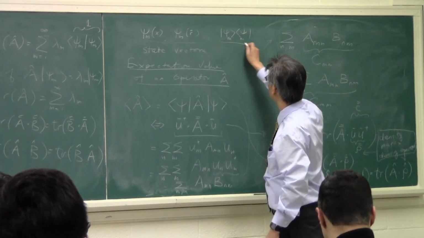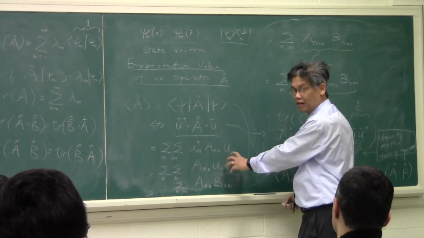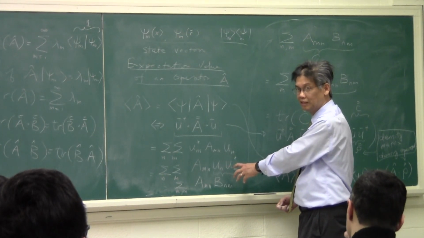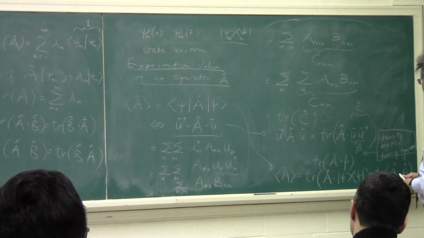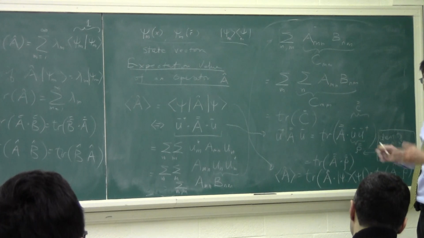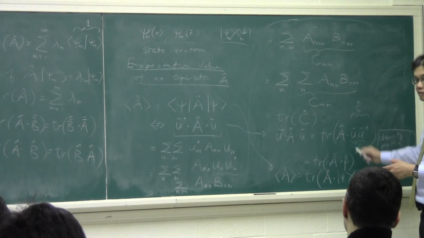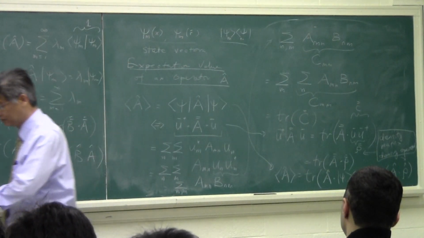And when you form something like this, you take conjugate transpose and multiply. You only have relative phases in this kind of quantity. You don't have absolute phases. Absolute phases cancel out. So the density matrix representation cancels out all the absolute phases. Only relative phases are important in this kind of manner, to define the state of a quantum system.